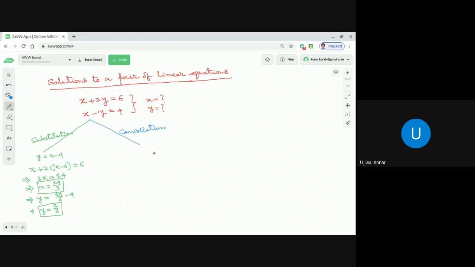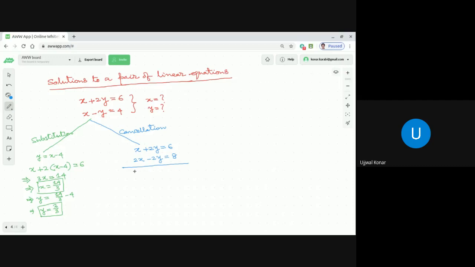Suppose the first equation we multiply by 1, then we get x plus 2y is equal to 6. And the second equation we multiply by 2, then we get 2x minus 2y is equal to 2 into 4, that is 8. Now we add both sides.